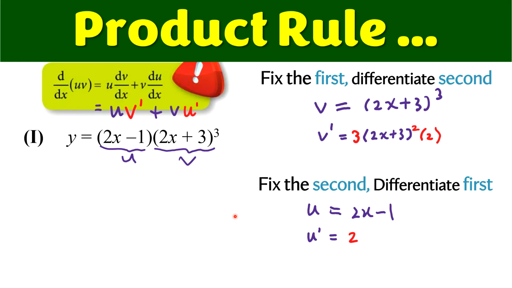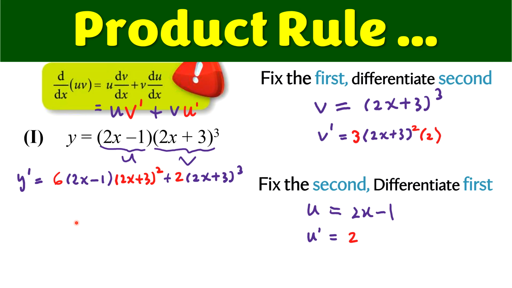Now I'm going to combine these two together and substitute into the formula. For the derivative, I get u and then v prime, so 3 times 2 gives me 6, and then I simply substitute in. The second half will be v, multiplied by u prime. In this case, u prime is 2.